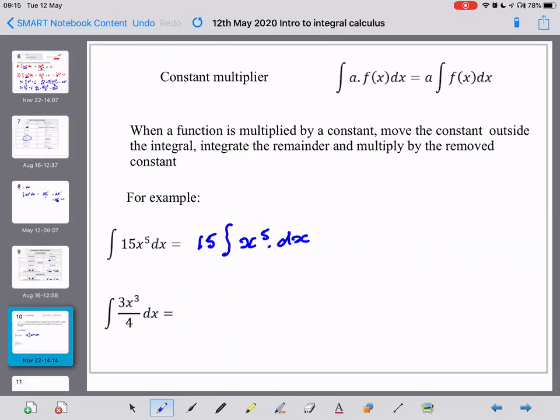Then we integrate and multiply the answer by 15.